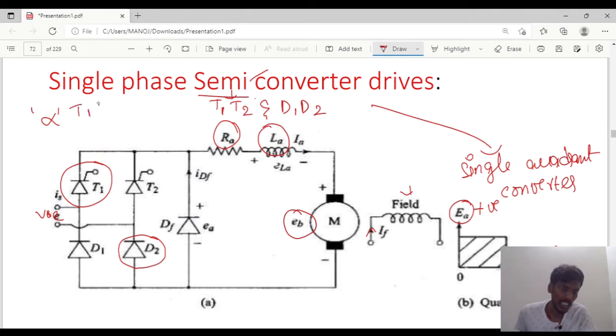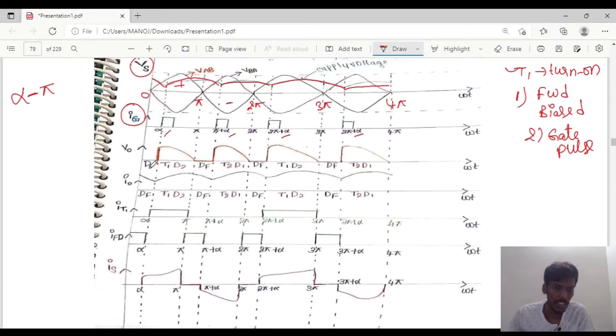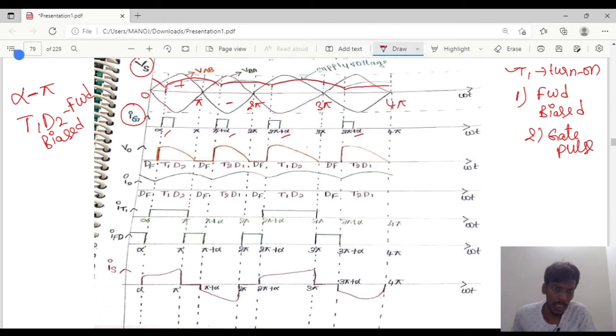So T1 and D2 will be forward biased from alpha to pi. Here the voltage waveform follows the source voltage waveform. This is the source voltage, and the same source voltage appears across T1 and D2.